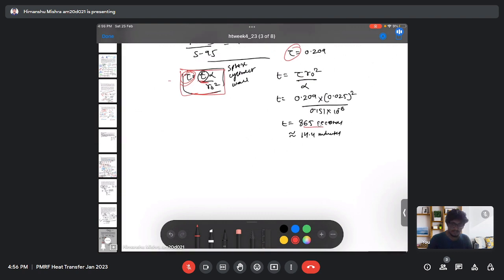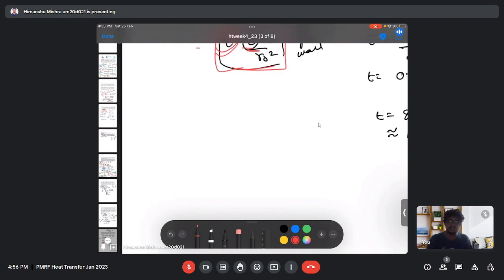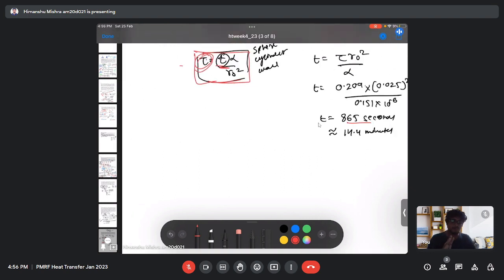Basically, there are 3 types of conditions that may appear in a transient heat conduction process. First, you need to check whether the body can be treated as a semi-infinite body or not. It will be given in the question. If it is not a semi-infinite body, then always check the Biot number.